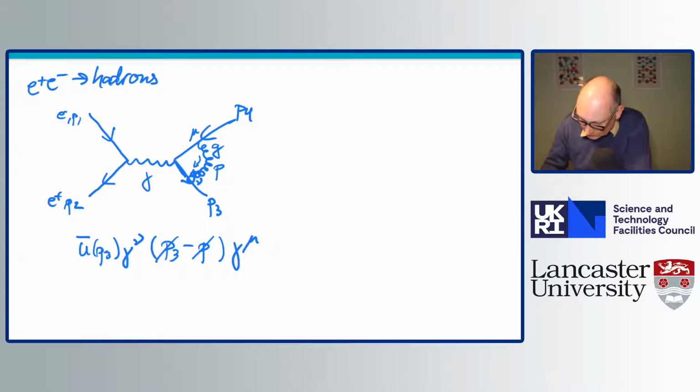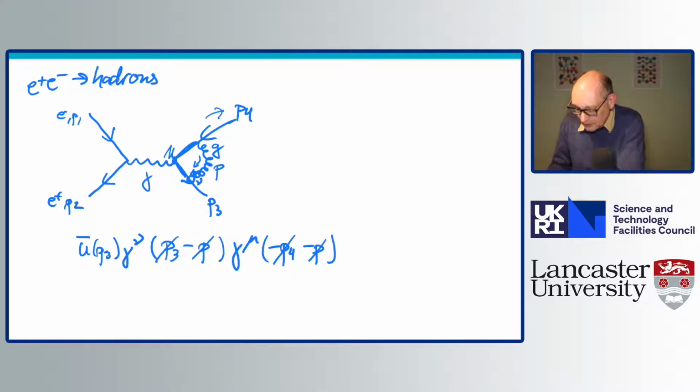Sorry, mu is not there, then mu is here, that vertex here, there will be a gamma mu. Then this propagator here is minus p4 minus p slash, if p4 is outgoing. So there's a minus p4 minus p, there's a gamma nu.